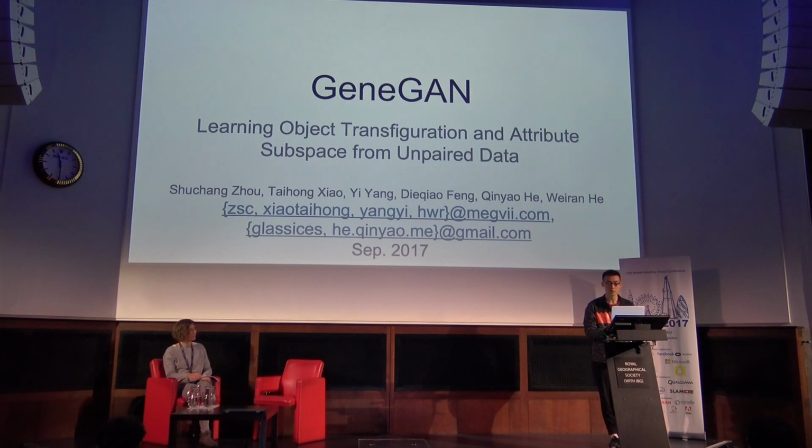The title of this work is GeneGAN, which is a method to learn object transfiguration and attribute subspace from unpaired data.